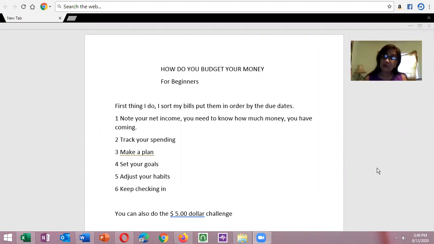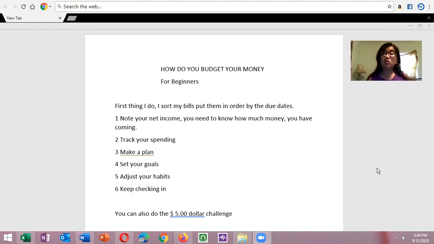The first thing I do is sort my bills, whether it's car payment, credit cards, car insurance, and of course the monthly rent or mortgage. I live in an apartment, so apartment rent, stuff like that.